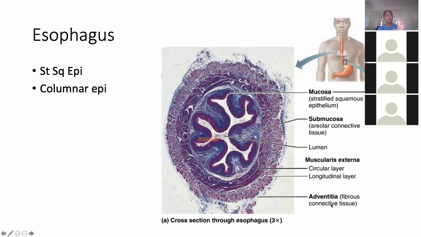And adventitia is fibrous tissue, because this fibrous tissue will attach the esophagus to the posterior thoracic wall. And look at the lumen here. If we do not have food, all these layers are projecting into the lumen. And when we swallow the food, these projections become flattened so that it gives the passage for the food to go in.